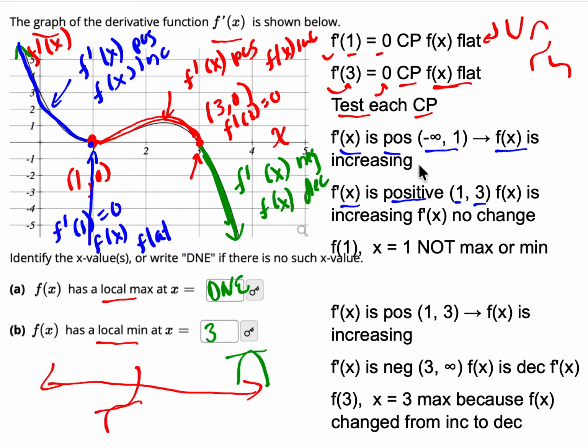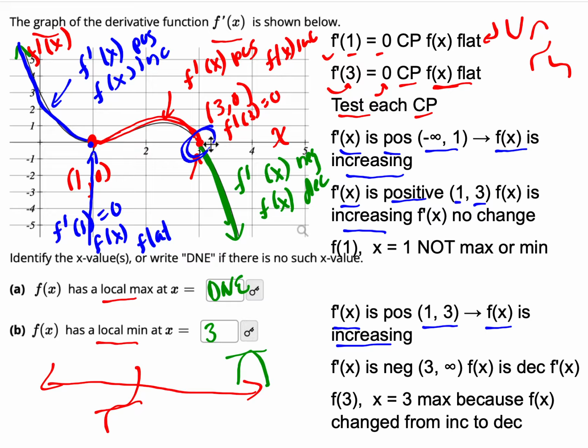But because I don't change from increasing to decreasing or decreasing to increasing, that tells me that x equals 1 is not a max or min. All right, so f prime of x is positive from x equals 1 to x equals 3. That tells me f of x is increasing.